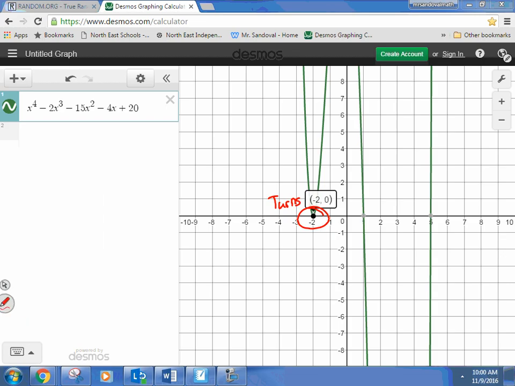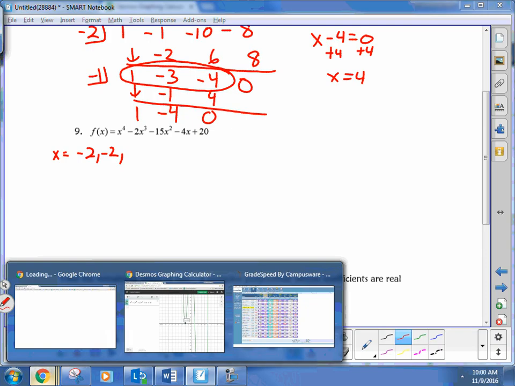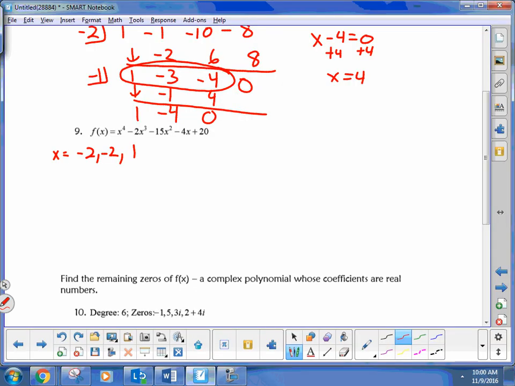These are not. So one of the things I should be anticipating with the solution is that my zeros, my x values, are going to be -2, -2, and let me bring back the graph just to refresh me, 1 and 5.